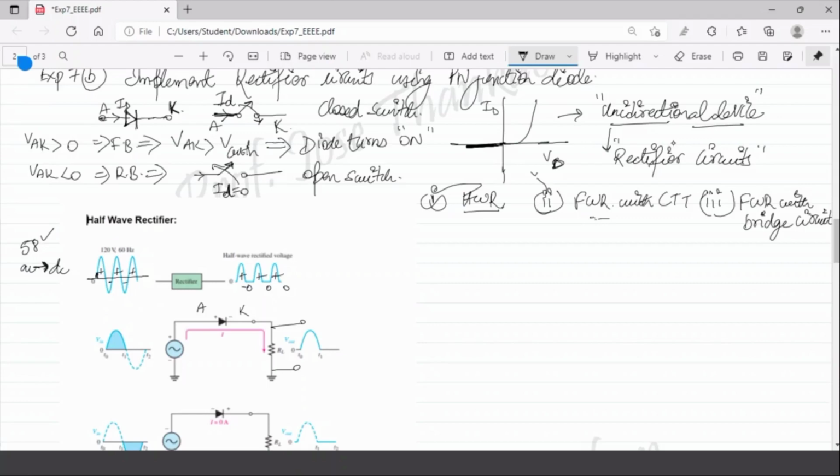Then this ground terminal, what does it tell? That these two are at the same potential. Basically, if we join it by the same wire, the circuit will be completed in this particular fashion. What will happen in the positive half? This is the sinusoidal voltage which you have at the input side. So in the positive half, this is positive and this is negative, right? So what will happen?